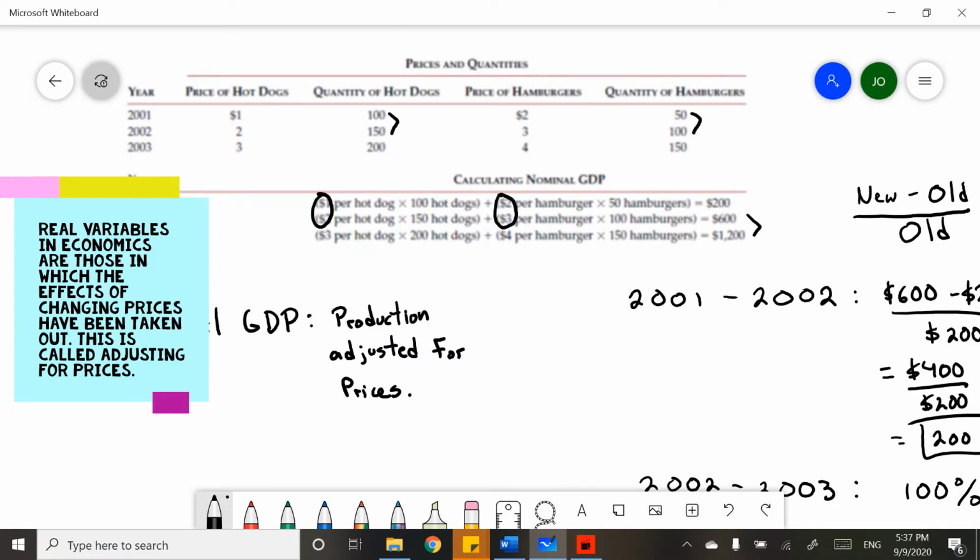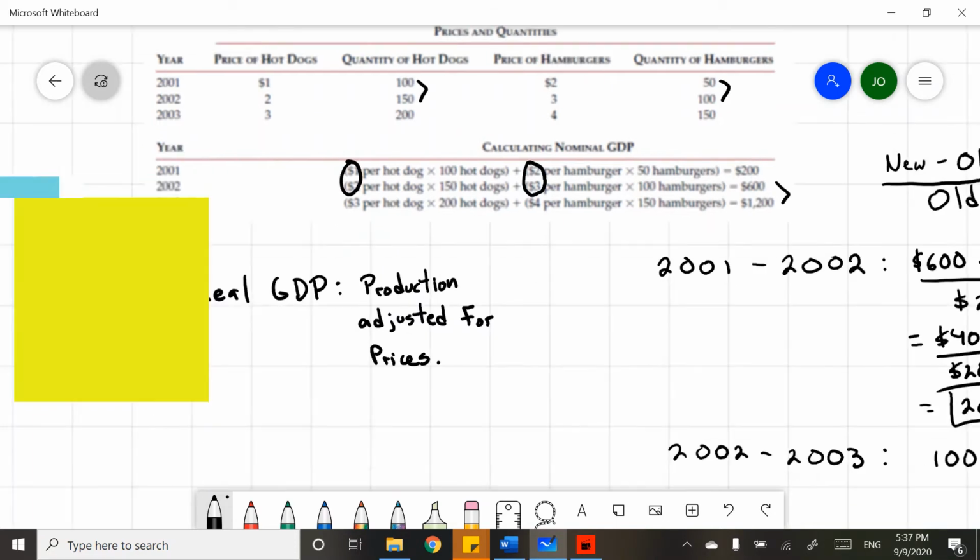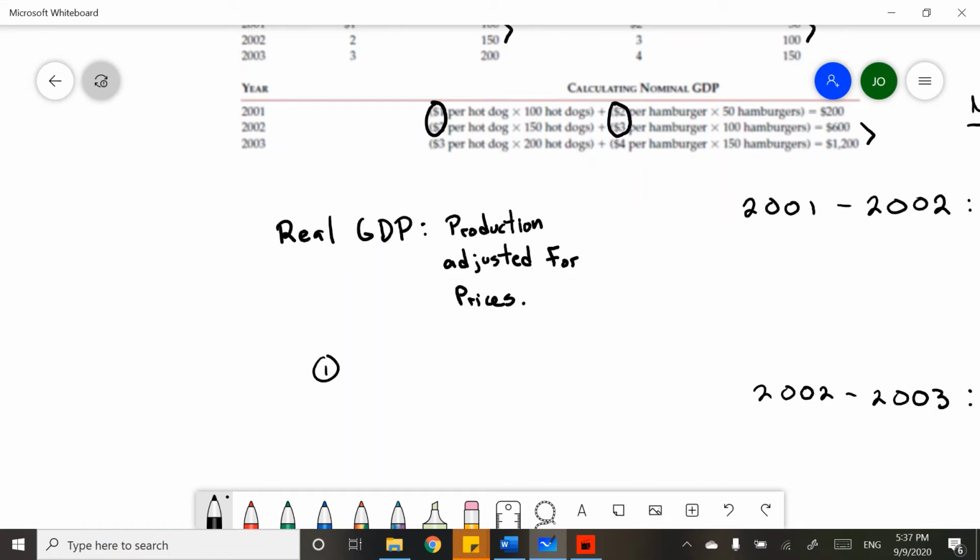Okay, so the first thing we need to do is figure out a base year. This is the year that we're going to compare everything to. This is basically arbitrary, meaning it doesn't really matter what year you choose as long as you adjust the prices to that year.